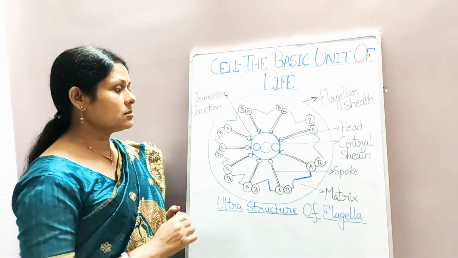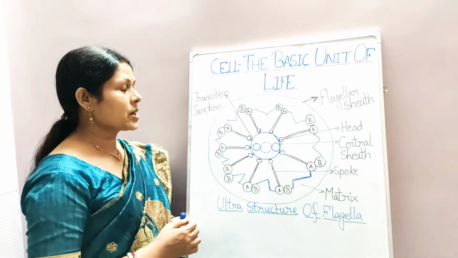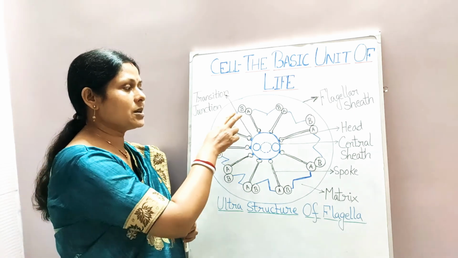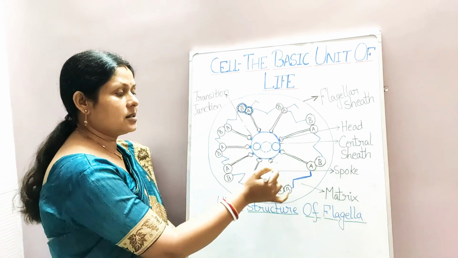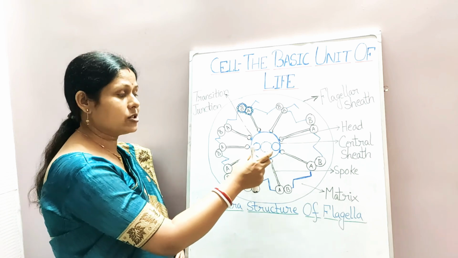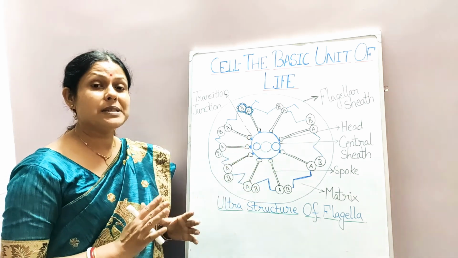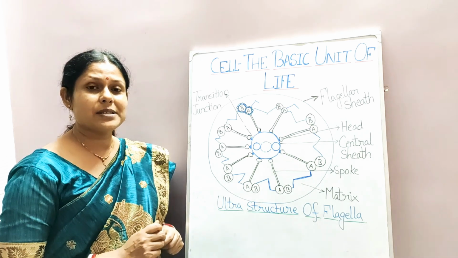Now the peripheral tubules are in turn made up of 2 subunits. The central protein, surrounded by the central sheath, is made up of a protein which is nothing but ATP synthase. It is called the ATP synthase enzyme.